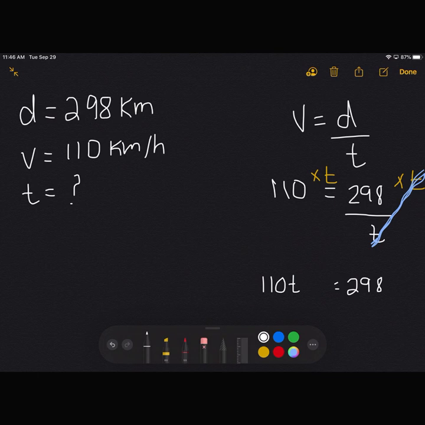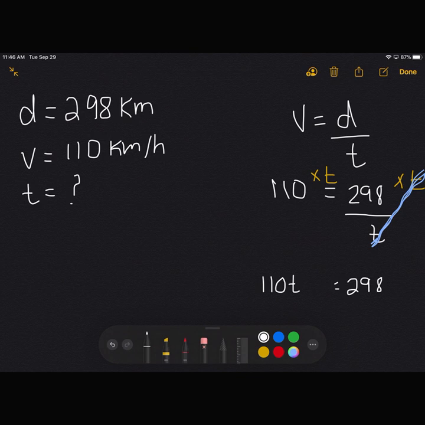So now we've still got numbers on both sides. So we gotta get rid of the number in front of the T, because we want to know how much 1T is, not 110 T's. We want just the time, not 110 of the time. Basically, that's what it's saying. So we need to get rid of that 110.